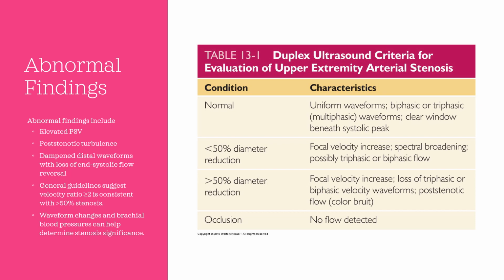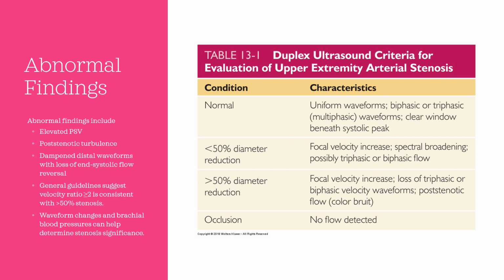Now, once we get to a 50% diameter reduction, it typically needs to be 50% or more to be considered hemodynamically significant. Once we get to that diameter reduction, we'll start seeing focal velocity increases at the stenosis itself. We can see some spectral broadening and triphasic or biphasic flow. Again, our flow pattern might look pretty similar within the stenosis itself. We don't necessarily see those pattern changes until we get into the turbulent and post-stenotic area.